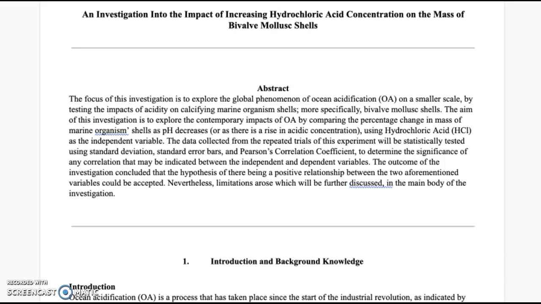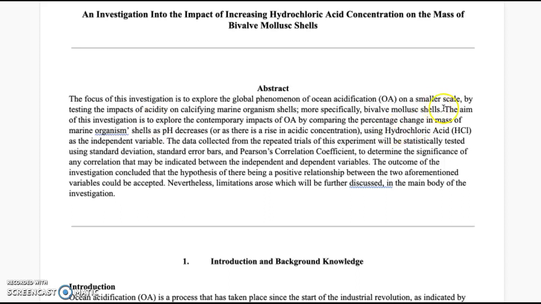So my investigation was an investigation into the impact of increasing hydrochloric acid concentration on the mass of bivalve mollusk shells. So this is my abstract. It's just very simple, explaining the focus of the investigation, exploring a global phenomenon by testing the impact of acidity on calcifying marine organism shells, more specifically bivalve mollusk shells.